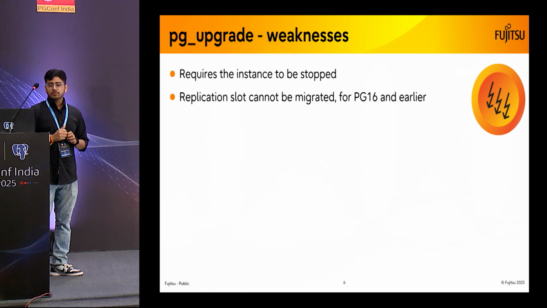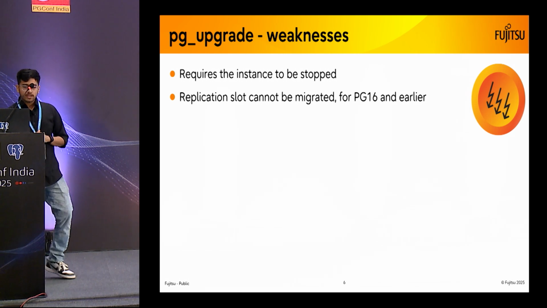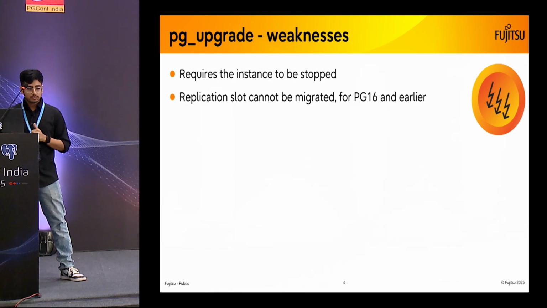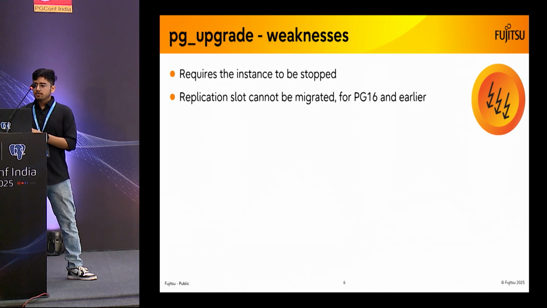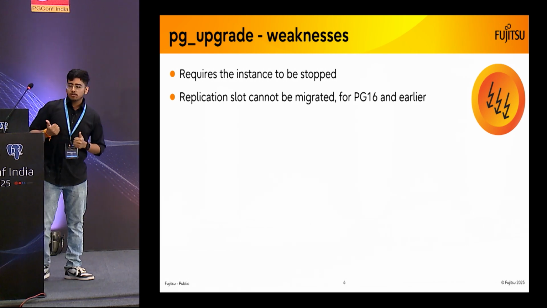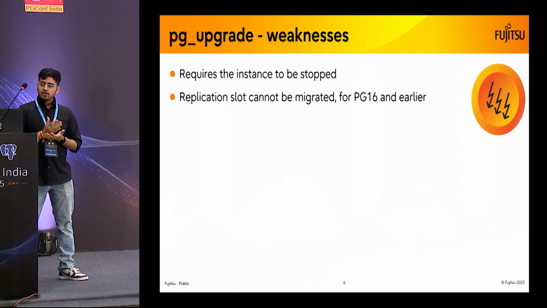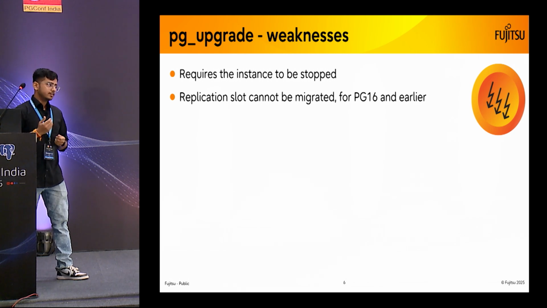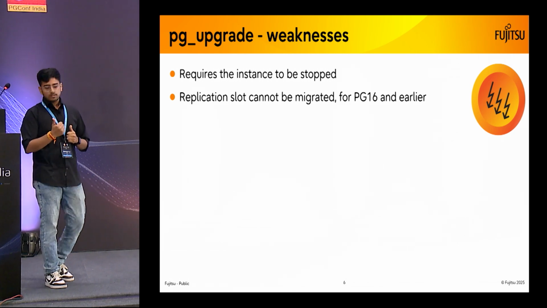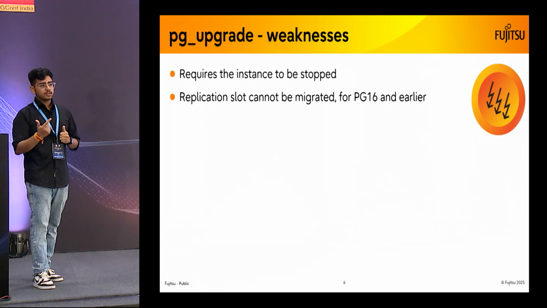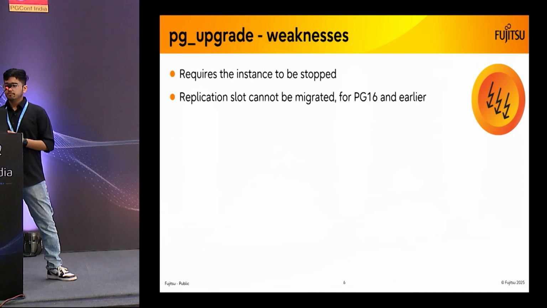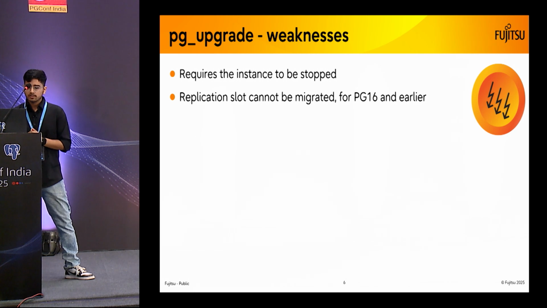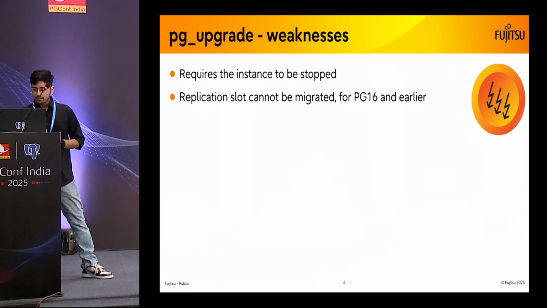Also, pg_upgrade cannot migrate a logical replication slot and physical replication slot during the upgrade till PG16, but a new feature was added in PG17 where logical replication slots can be migrated when the instance is upgraded. I will talk about it in later slides.